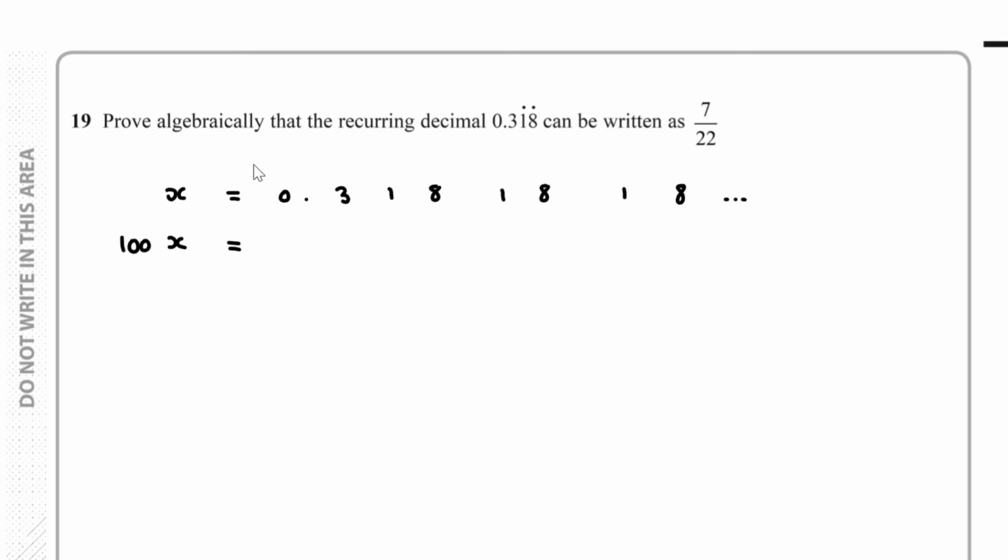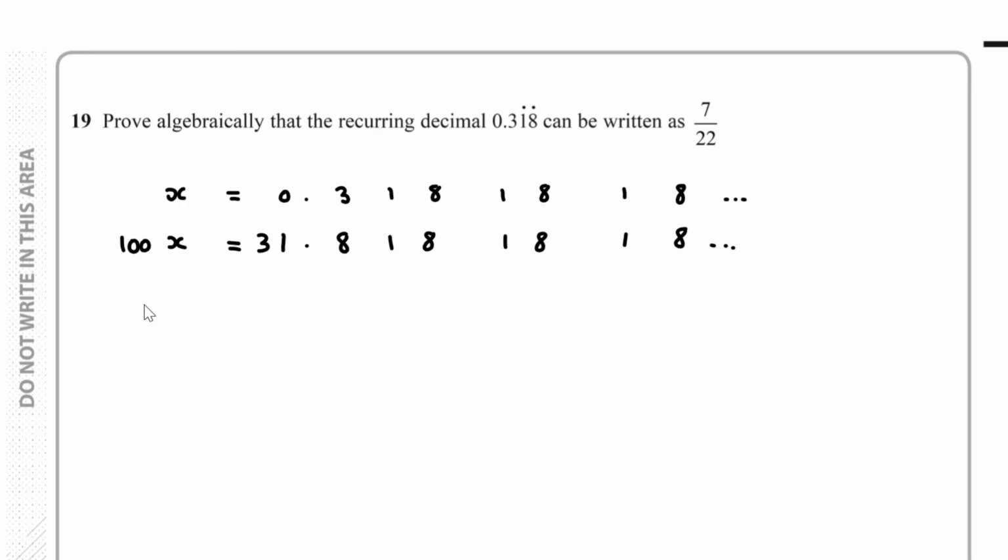So if I multiply this by 100, we end up with 31.8181818, etc.